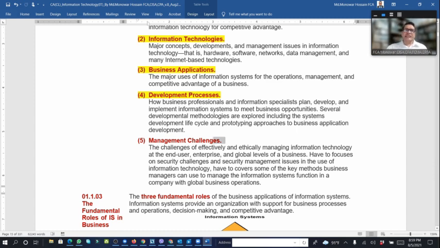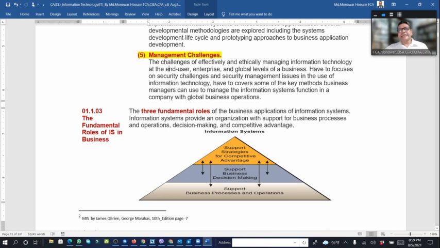And management challenges: the challenge of managing effectively, including ethical issues. The challenge is that day by day technology is changing. Software technology one year ago and today's software technology are not the same. Every moment they are changing.